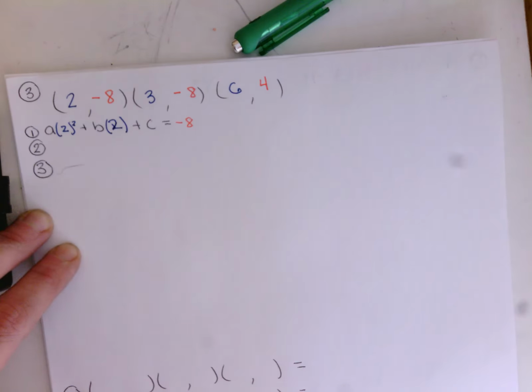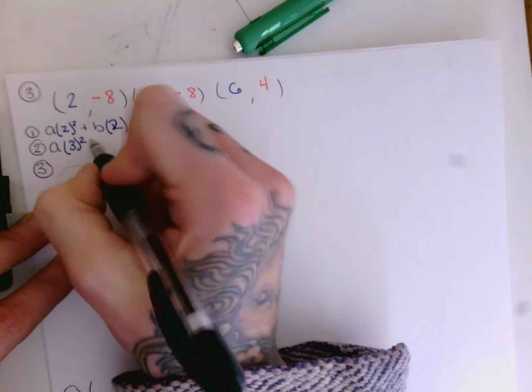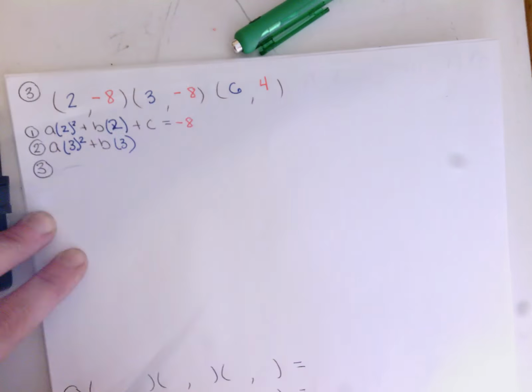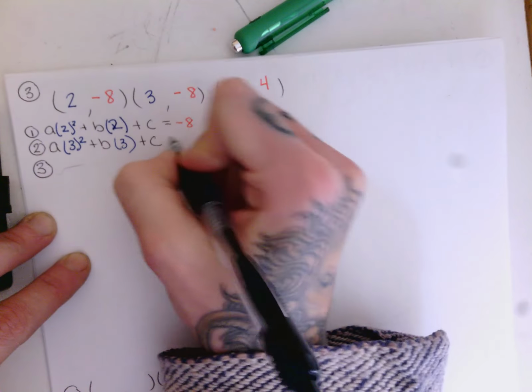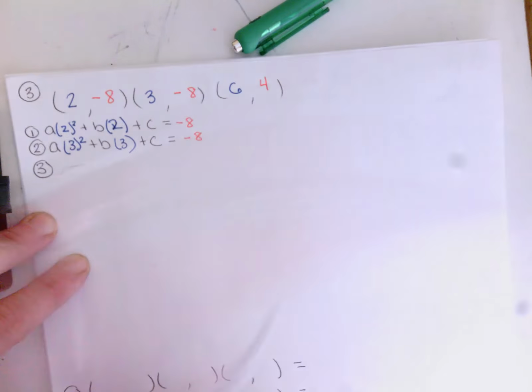And then again we will have ax squared plus bx plus c equals -8.